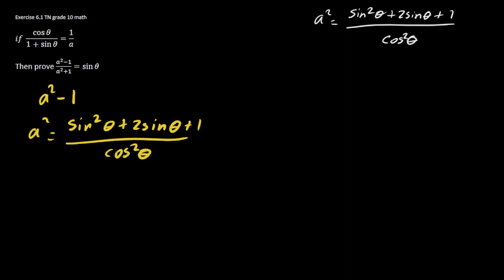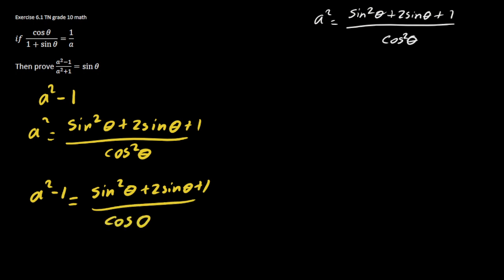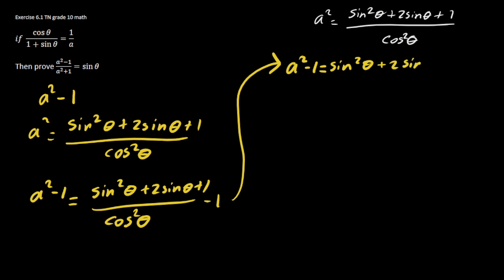And if we just subtract 1 from both sides, we get that a squared minus 1 is equal to sine squared theta plus 2 sine theta plus 1 over cos squared theta minus 1. And if we bring the negative 1 into the fraction, we get that a squared minus 1 is equal to sine squared theta plus 2 sine theta plus 1 minus cos squared theta all over cos squared theta.